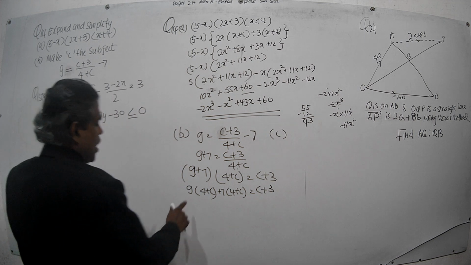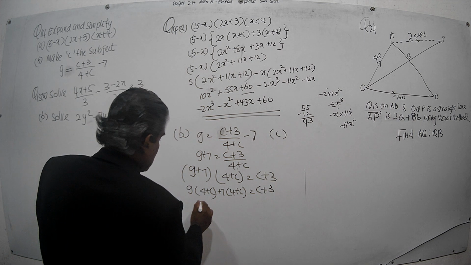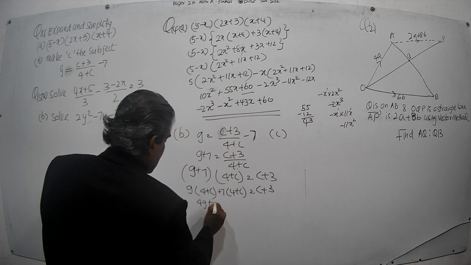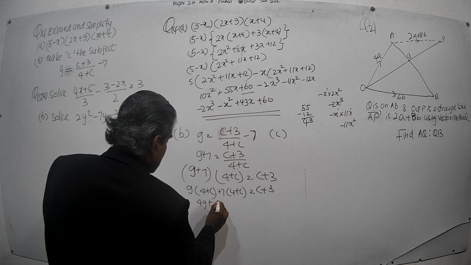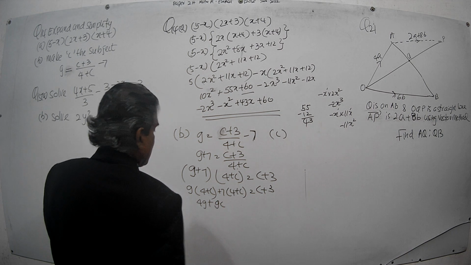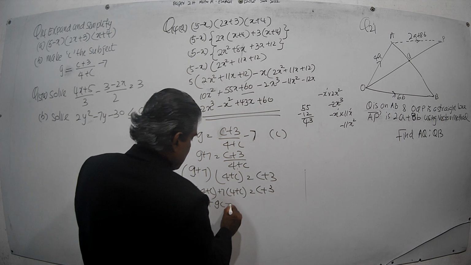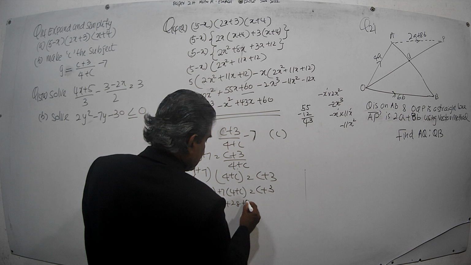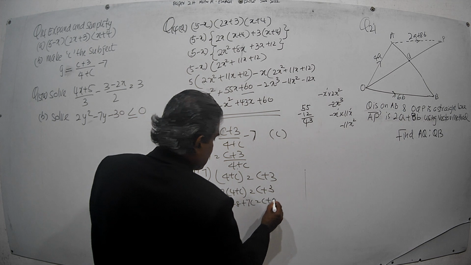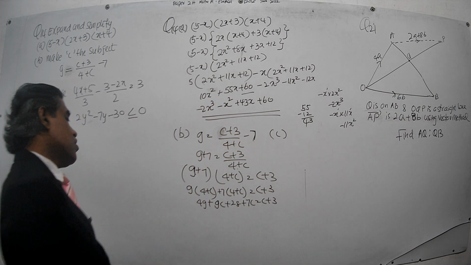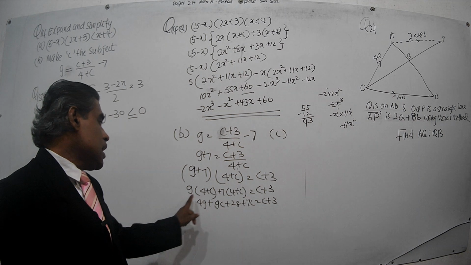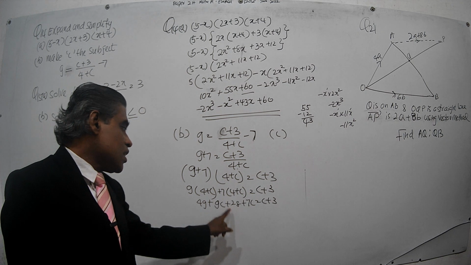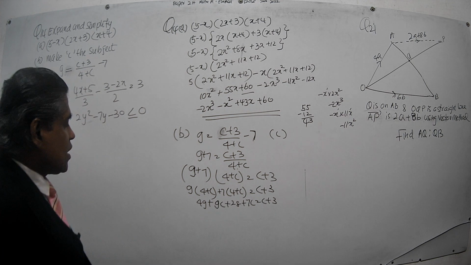Then G times 4 is 4G, G times C is plus GC. Then 7 times 4 is how much? 28. Then 7 times C is 7C. This side is C plus 3 as it is, right? Okay. Right. Now see whether there are like terms.